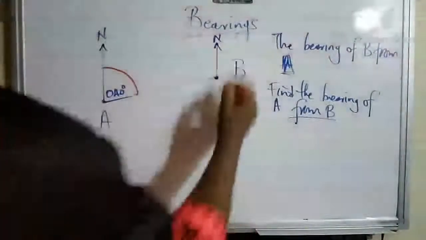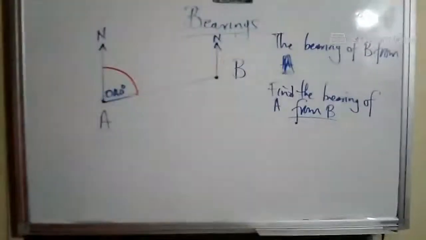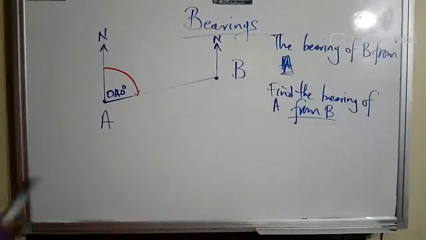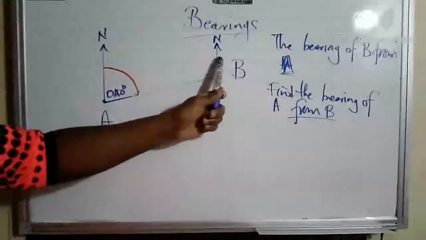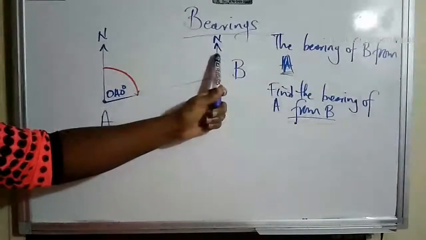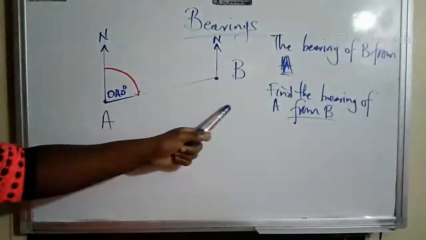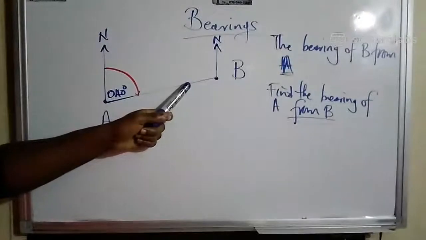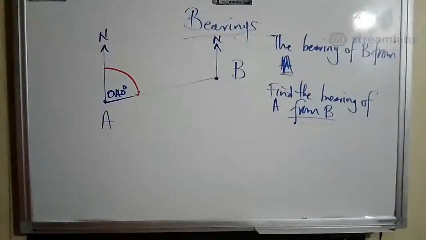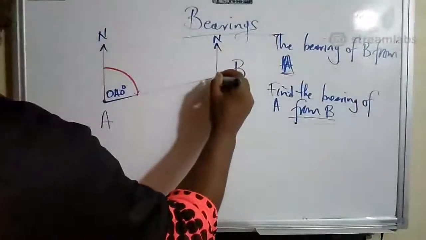So we know say A to B. However, this one can be a little bit tricky because we want to find the bearing, and remember, it must come from the north line, come right round to the line, right? So it's the angle between the north line and the point. So let's go now. But before we do that, can we extend this line right here?